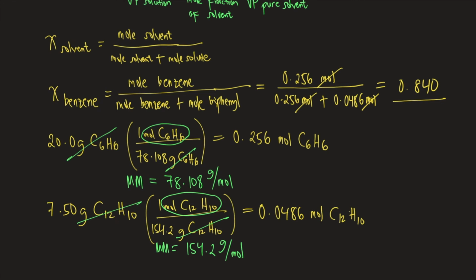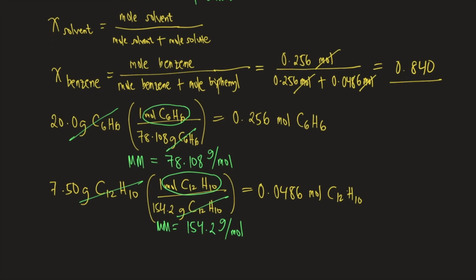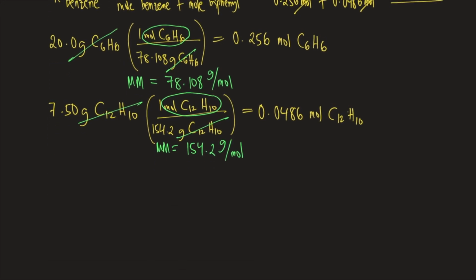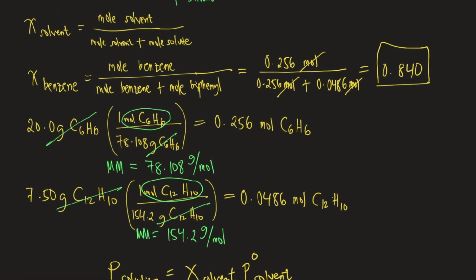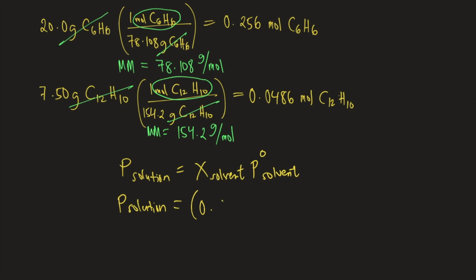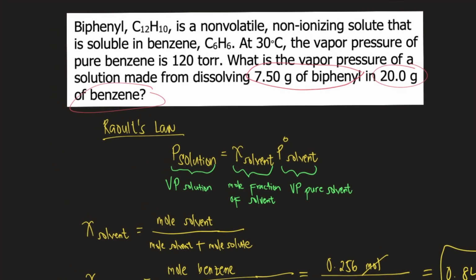Okay, now that we have the mole fraction of benzene, we can go back to Raoult's law. Let's just rewrite the formula. Raoult's law says that the vapor pressure of the solution is equal to chi of the solvent times the vapor pressure of pure solvent. So the vapor pressure of the solution is equal to the chi of solvent we just solved earlier, the mole fraction of benzene, 0.840, times the vapor pressure of pure solvent, which is given in the problem.